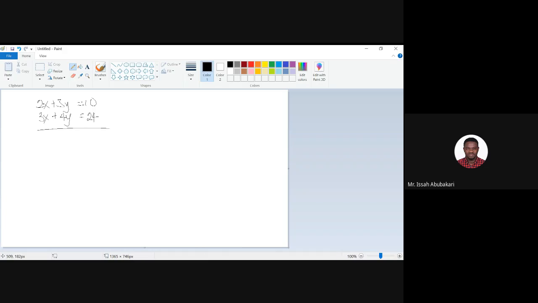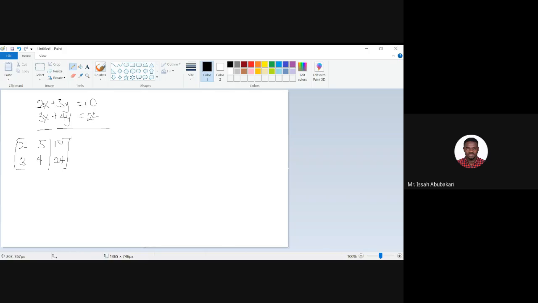So our solution, the augmented matrix. First of all, we write out our matrix, which is 2, 5, 3, 4. We draw our line, 10, 24. Okay, this is the augmented matrix.